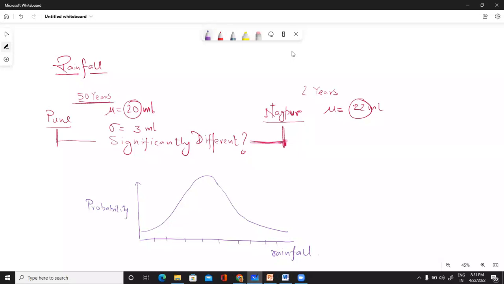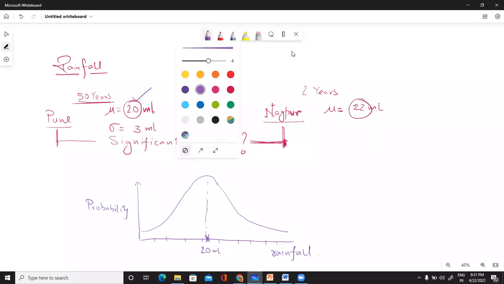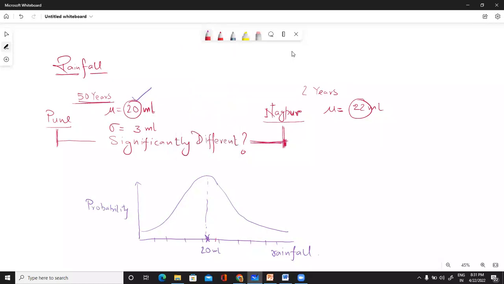Right at the center, the mean is there. From past data, the mean is 20 milliliters. And now we have 22 milliliters, which may be somewhere here.